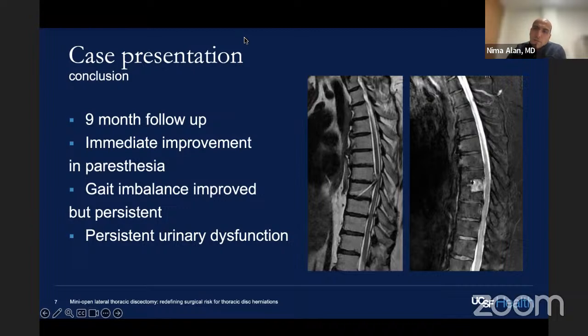I don't use navigation, but I use that fiducial marker and look for it intraoperatively to mitigate that risk. I don't know if Vedat or Lee do the same thing, or Sig. I use the fiducial markers every single case.